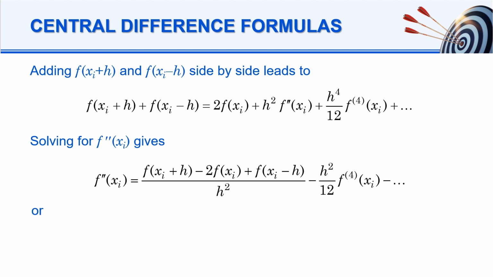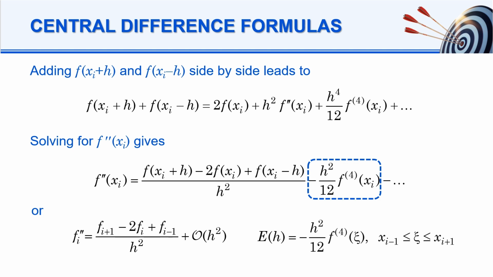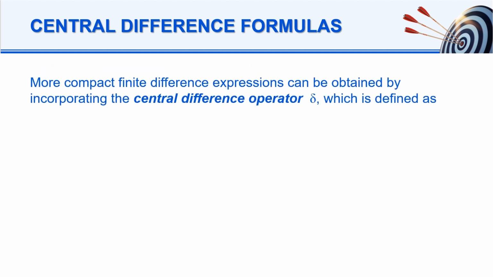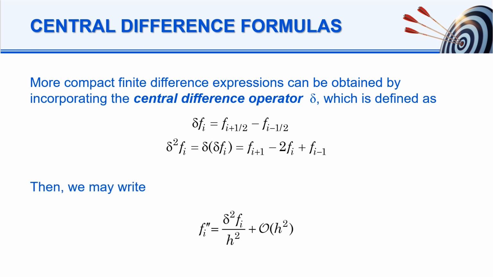In shorthand notation, it leads to the following with the truncation error term, which is second order. More compact finite difference expressions can be obtained by incorporating the central difference operator delta, which is defined as follows. Then, we may write it in shorthand as follows.